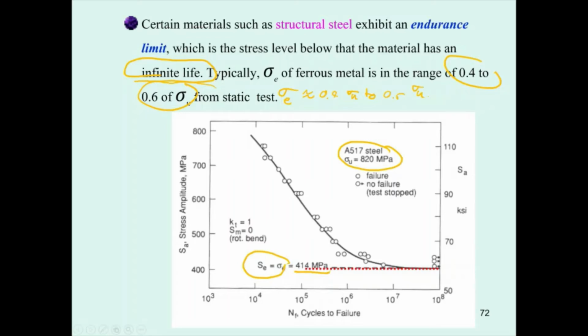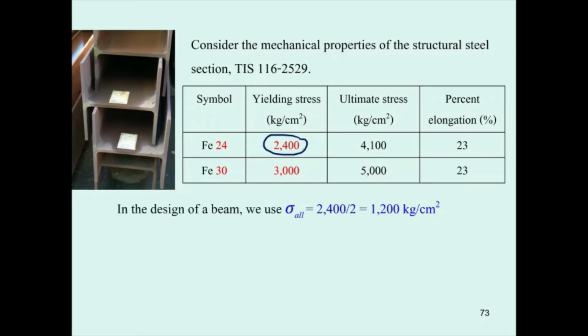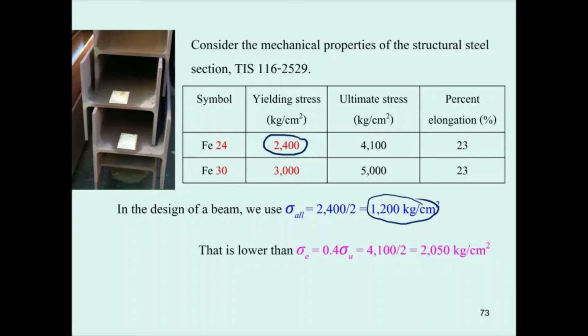In civil engineering, our steel, such as the Fe steel, we have what? We have the yielding of 2,400, and we determine the sigma allowable by dividing by 2. So most of the time our allowable stress that is used to design the structure is 1,200 kilogram per square centimeter.